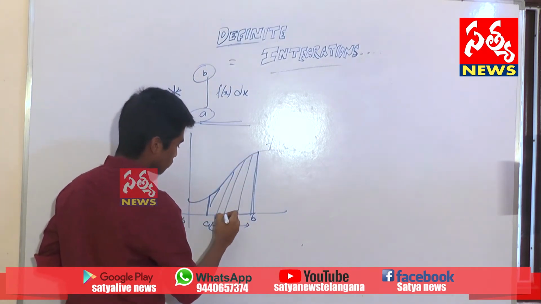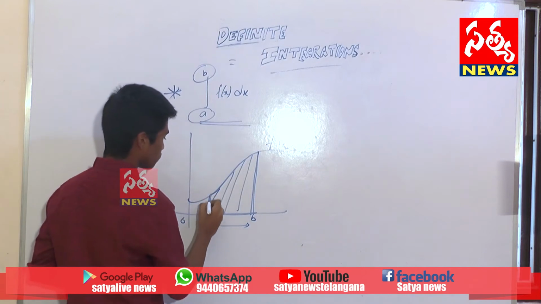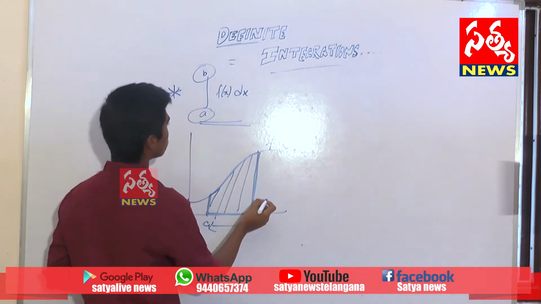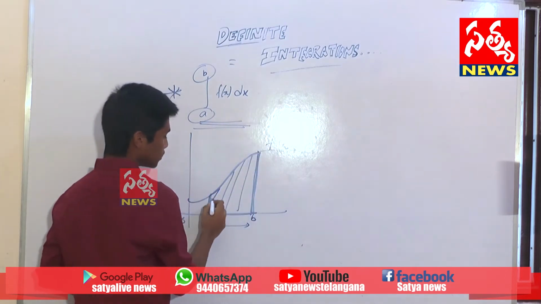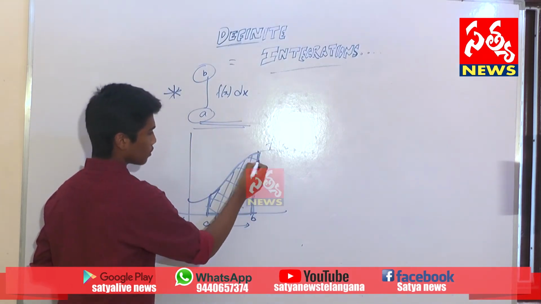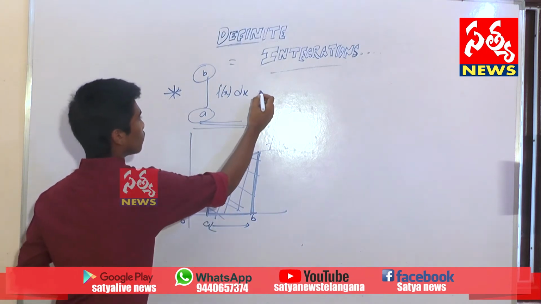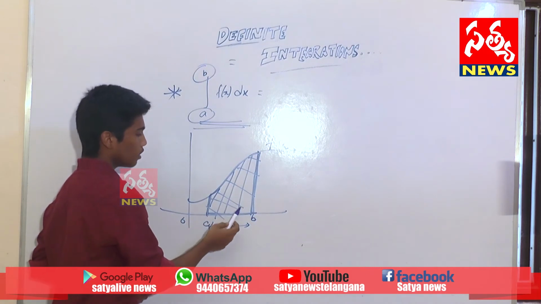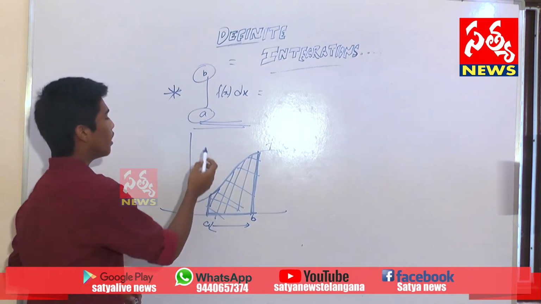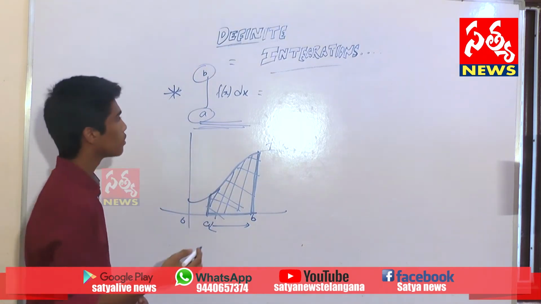This is the region. So this integration results in this area. We can do it in two ways: one is by the graphical method and one is directly by formula.